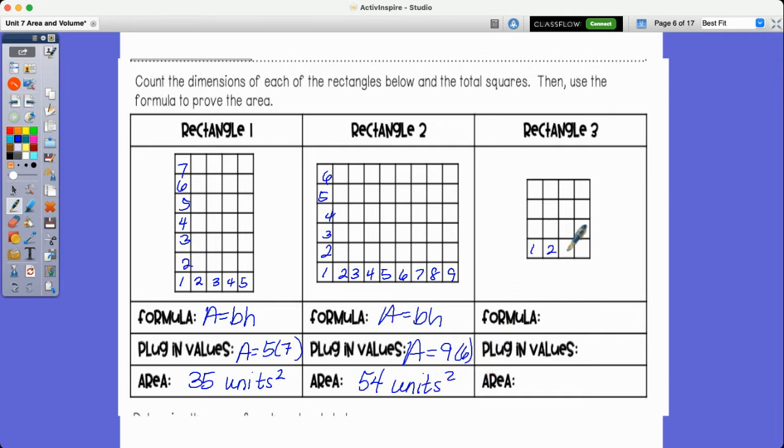This one's smaller. 1, 2, 3, 4. 1, 2, 3, 4. As a matter of fact, that is a square, but we're going to use the same formula. And I have area equals 4 times 4, or 4 squared, either way. And 4 times 4 is 16 square units.